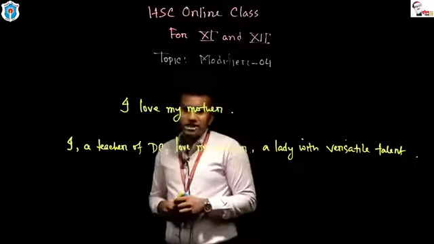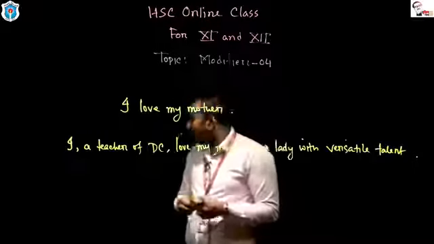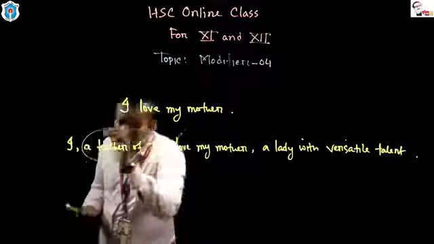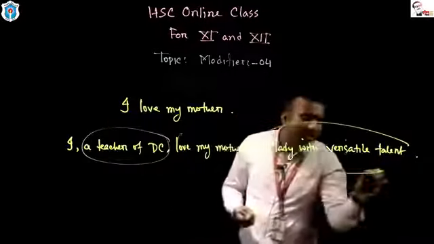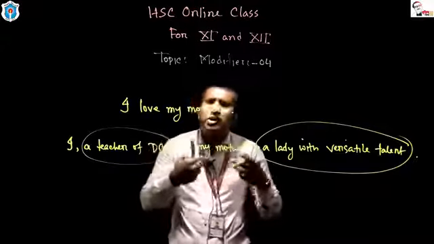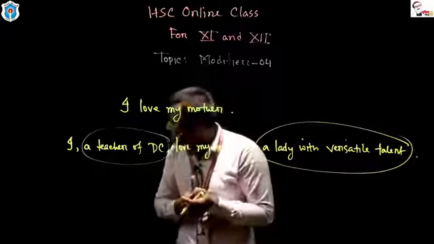I, a teacher of DC, love my mother, a lady with versatile genius. Look at please: a teacher of DC and a lady with versatile talent. Can I say these are the ornaments of this sentence? These are the ornaments of this sentence.